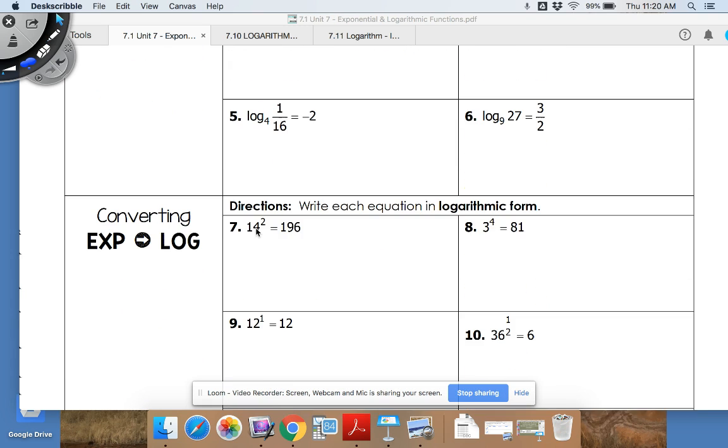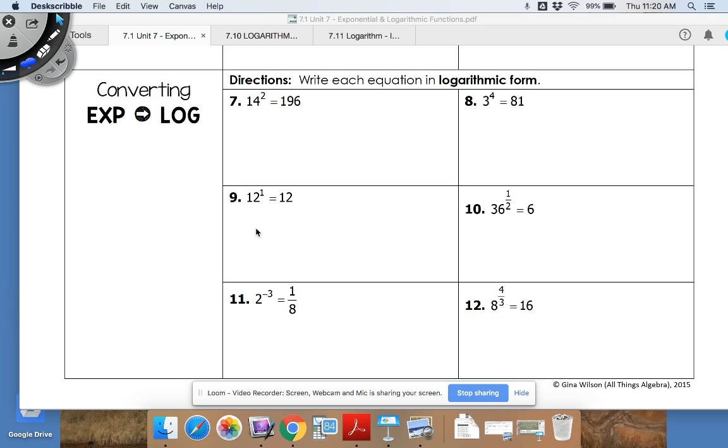So that's going from log to exponential, so we use that loop. When we go from exponential to log, we're still going to use that loop. So we're going to go from here to here to here. So we're going to write log base 14 of 196 equals 2. This would say log base 12, because it's our first number, of 12 equals 1.